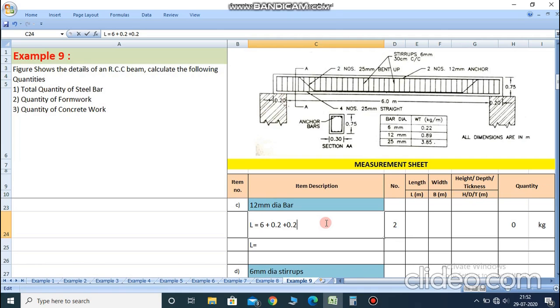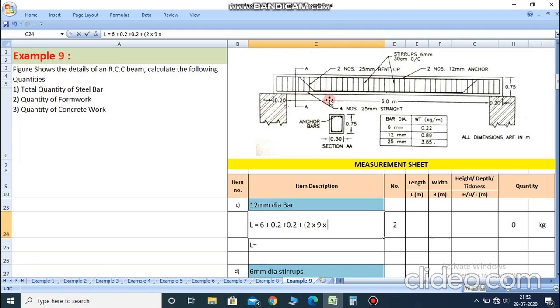Clear? Then the anchor bar on both sides has a 180 degree hook provided. So plus 2 times. Why do we multiply by 2? Because on both sides a hook is provided. So 2 times 9 into the diameter of the bar.